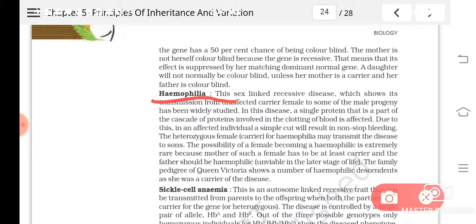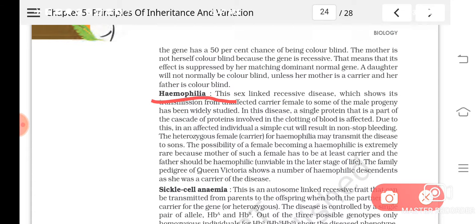Due to a single gene mutation, that particular protein is not produced, and due to that the entire step will be blocked. In a person who has hemophilia, blood clotting will not happen. So a small cut can lead to excessive bleeding, and this will be fatal to the person. Understood?